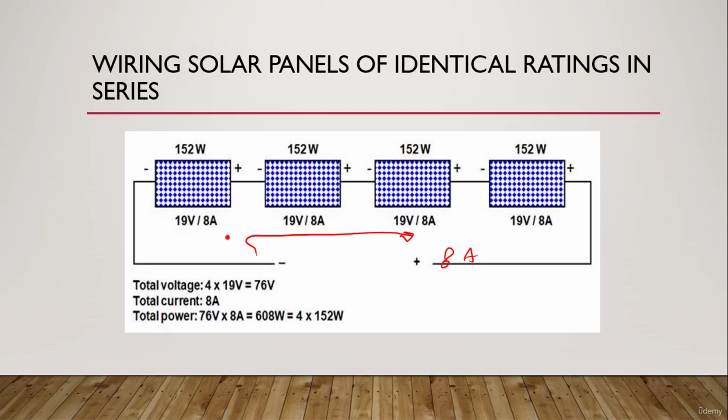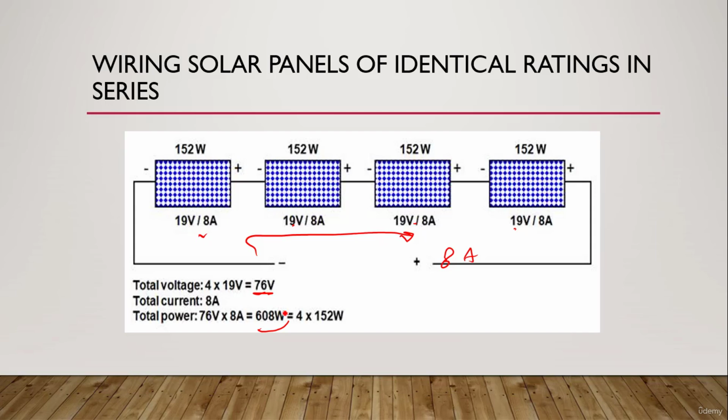So 19 plus 19 plus 19 plus 19, which is 19 times 4, we're going to get 76 volt. So the total power generated by these PV modules is going to be 8 times 76 volt, which is 608 watt. Same as the previous example.